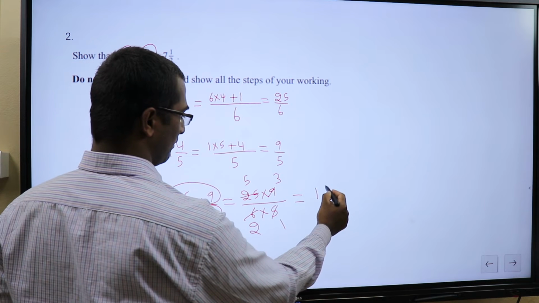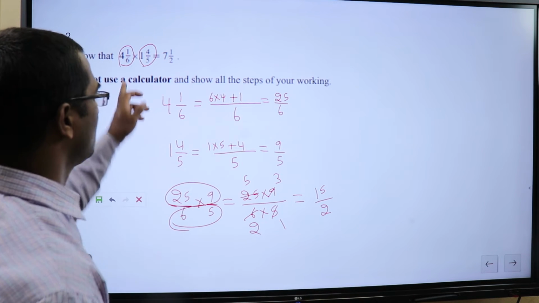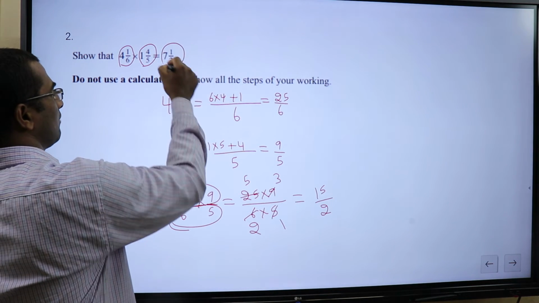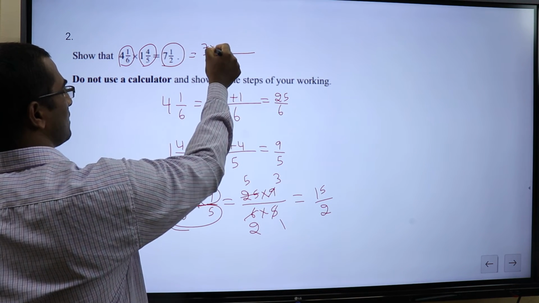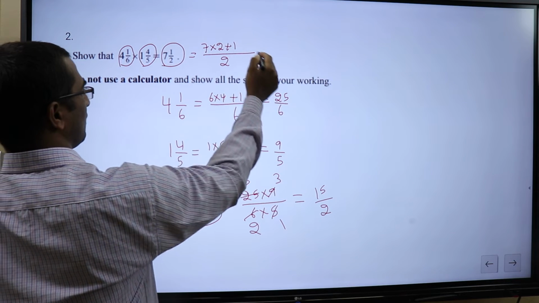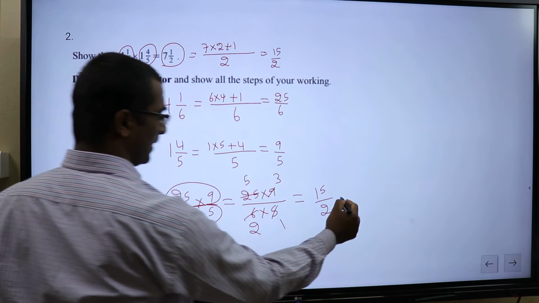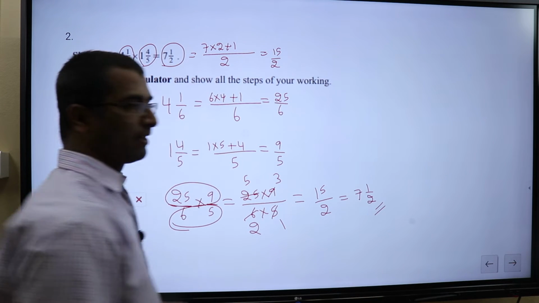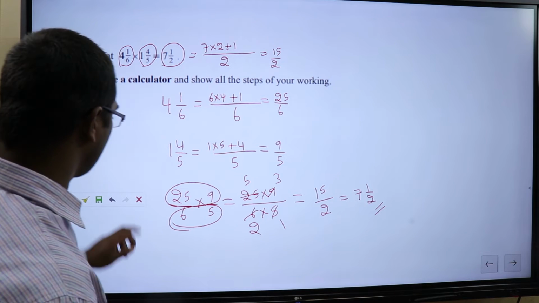So 5 × 3, 15/2. I should show that it is equal to 7 1/2. So if I convert this 7 1/2, in the numerator 7 × 2 + 1, that is equal to 15/2. So 15/2 itself is nothing but 7 1/2. Clear? Okay. Next one.